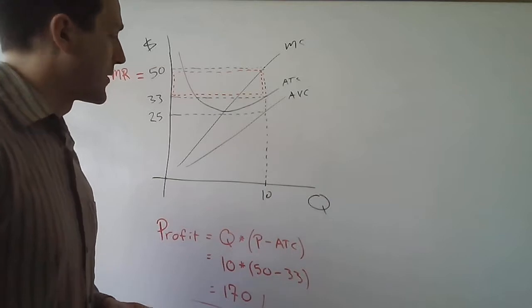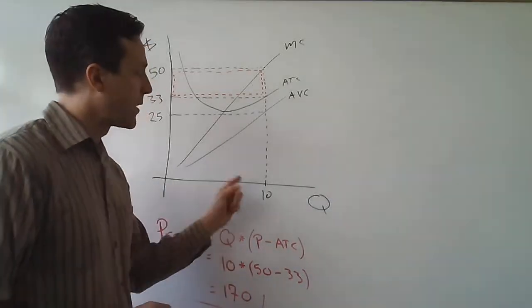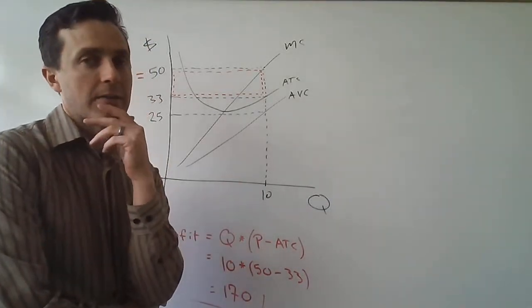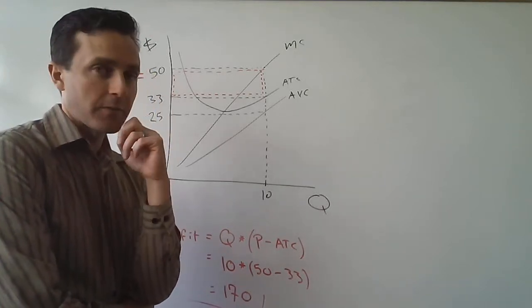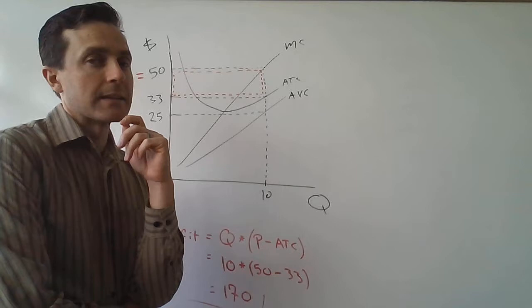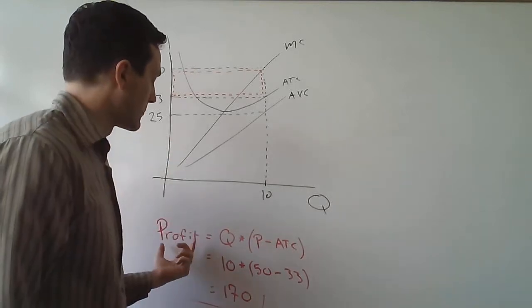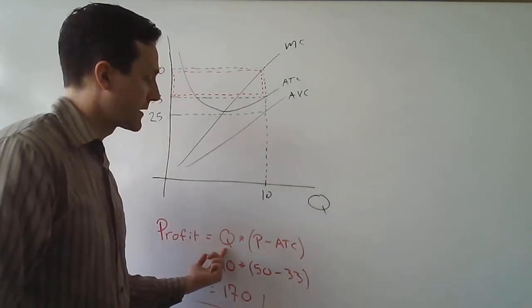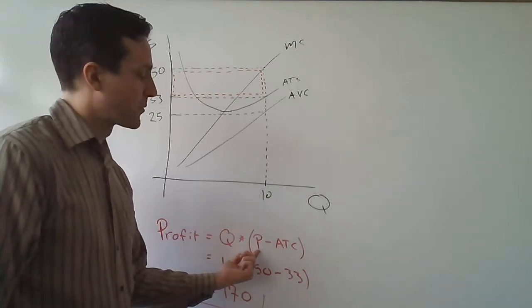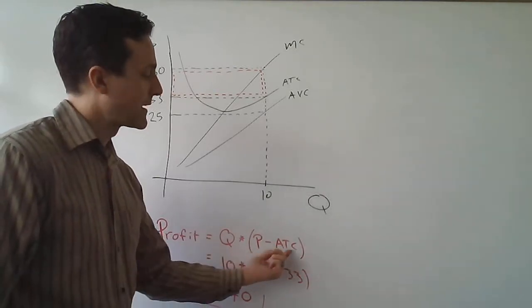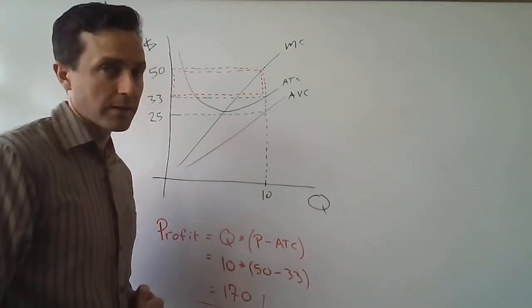Okay, so that's the first step. We figured out that the quantity is 10, and now we've got to figure out the level of profit. A very useful formula for figuring out profit is here. Profit is equal to the quantity produced, the optimal quantity, times the price of the good minus the average total cost at that quantity.